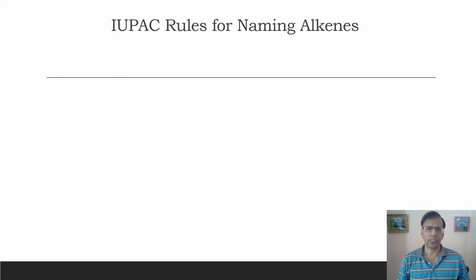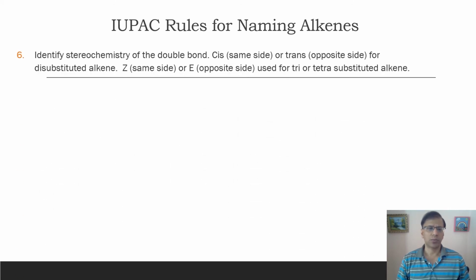There are additional rules for naming alkenes. This rule is for identifying the stereochemistry as mentioned before. Cis means the same side and trans means opposite, and that's used for di-substituted alkenes. Z means same side and E is opposite side, and it's used for tri- and tetra-substituted alkenes.